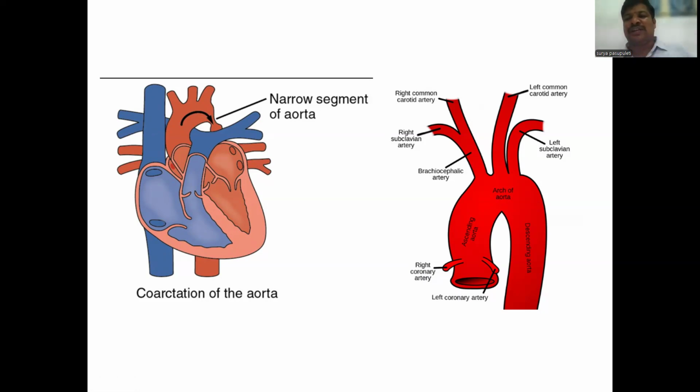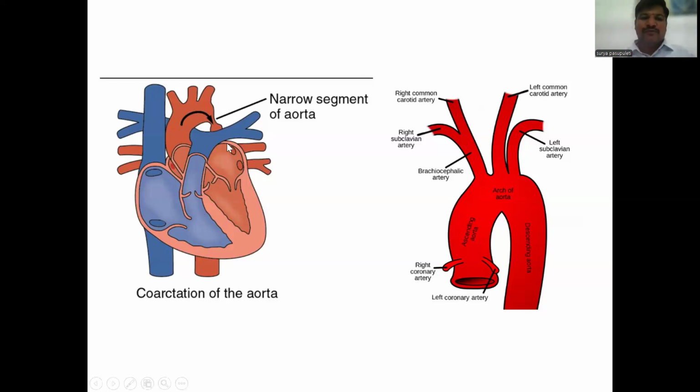This brachiocephalic supplies blood to the right side of the head. Brachiocephalic later divides into the right subclavian that supplies blood to the right hand, and the right common carotid that supplies blood to the right side of the head. And next, the left common carotid that supplies blood to the left side of the head, and the left subclavian that supplies blood to the left hand.